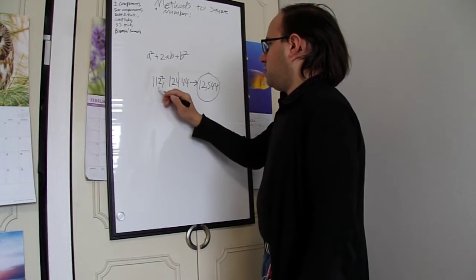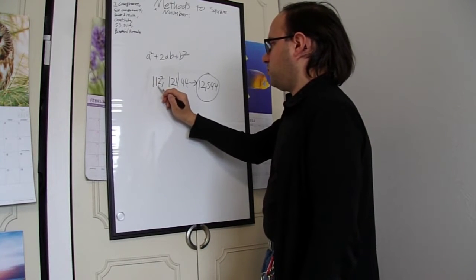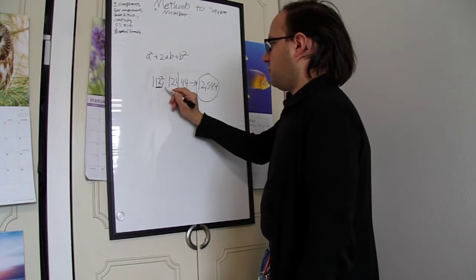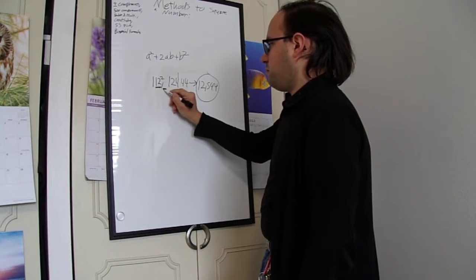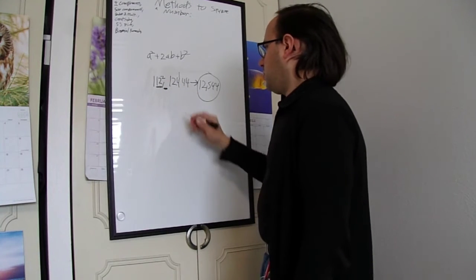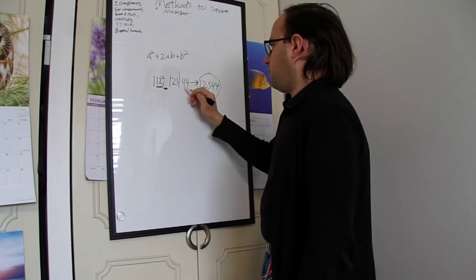Now in this case, notice that you doubled the 2 digits here to 24, and then you square that 12 with another 2 digits. So in this case, you're going to have a 5-digit number. So you have the 1, the 24, and the 44, with the 1 from 144 carried over.